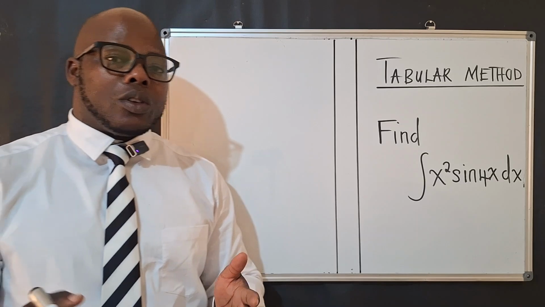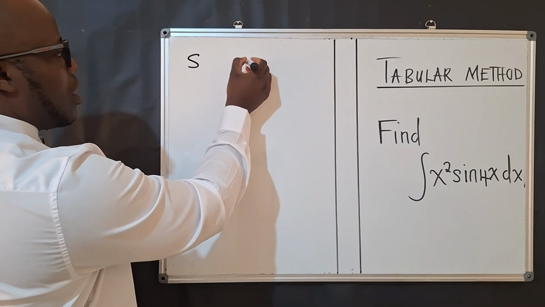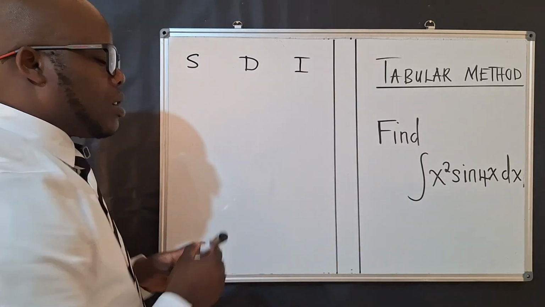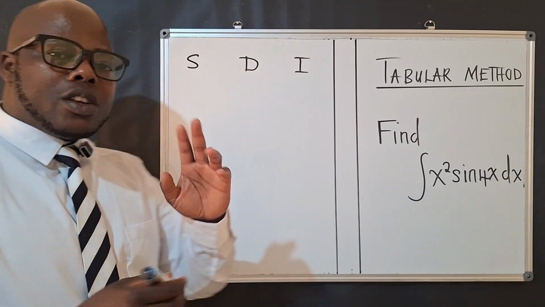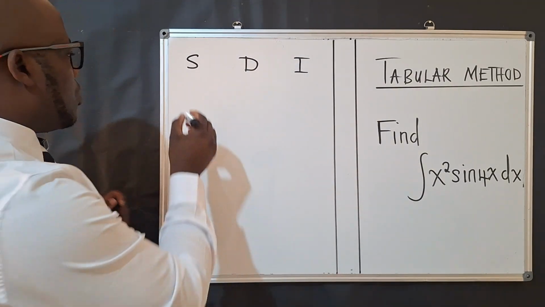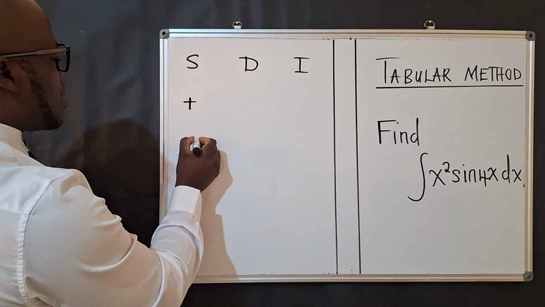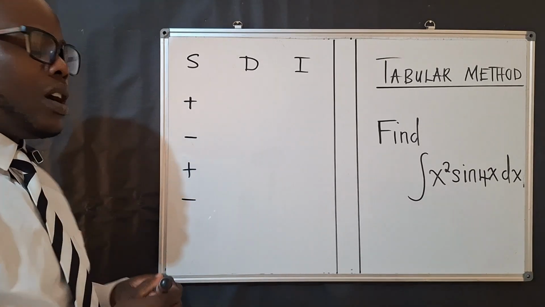So for the tabular method, you first need to write sign, and then here you write derivative, here you write integral. For the signs, there are only two signs that we need. You always start with a positive, and then you write negative, positive, negative, and so on.